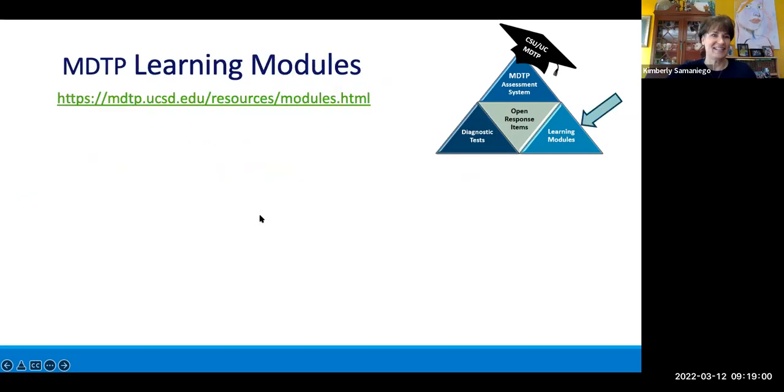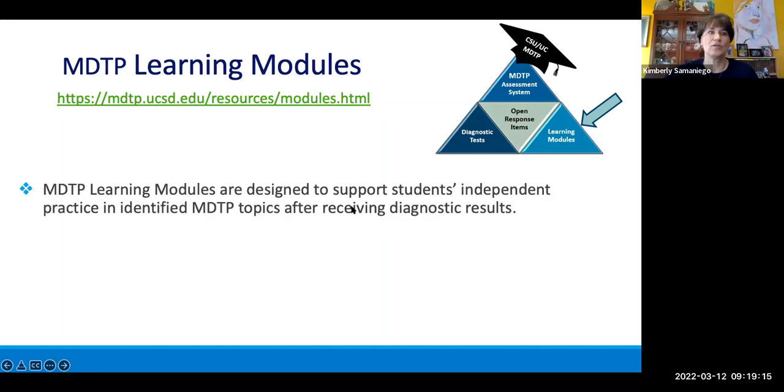Okay, and learning modules. This is something also maybe new for some of you to learn, that we did create several. I think we have about 15 modules right now that we have posted online. These were designed to support students independently, again, after we learn something about results along a topic, an MDTP topic.